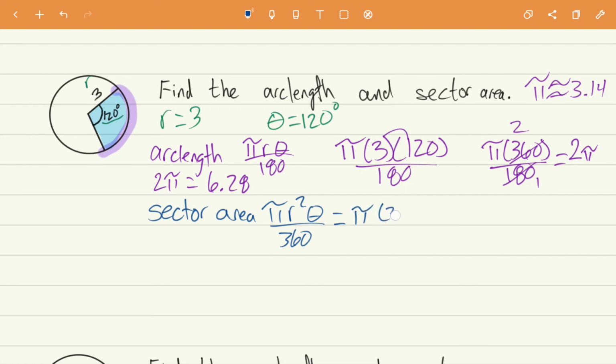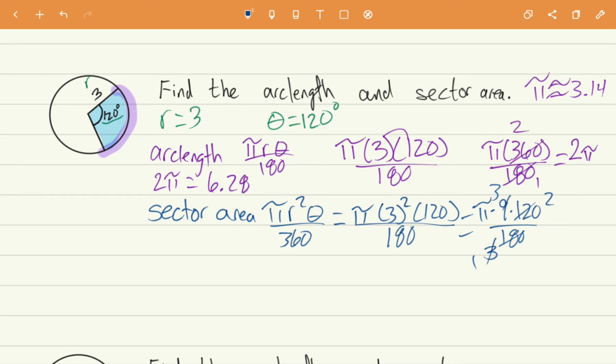We got pi times 3 squared times 120 over 360. This one's going to be a little nasty. That gives us pi times 9 times 120 over 360. This could be simplified to 1 over 3, which means this could be simplified to just 3 over 1.